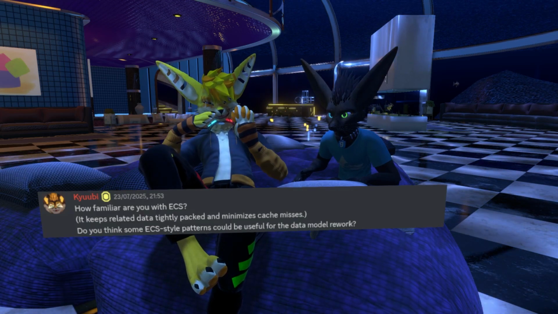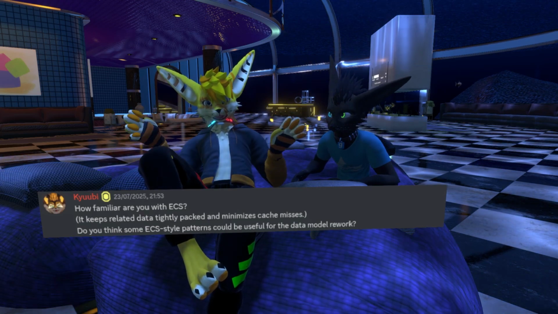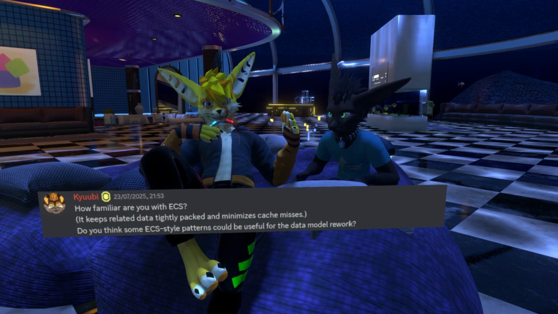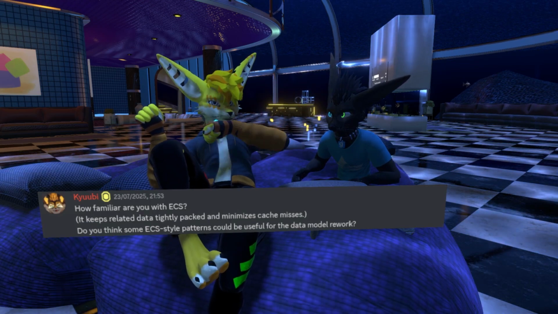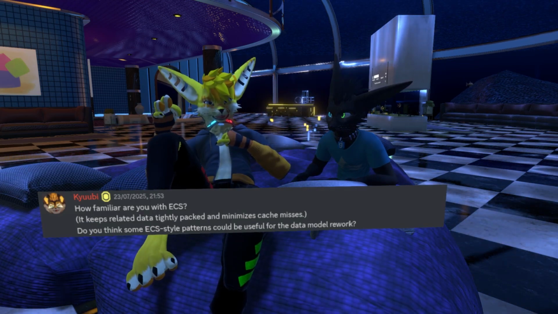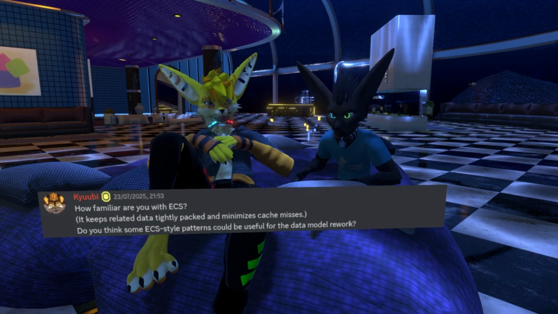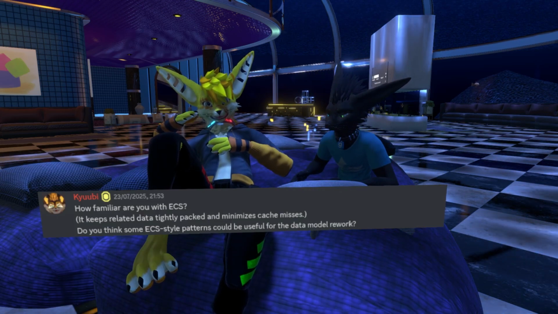ECS is great if you have lots of things that are all behaving the same, because you can fill out a big buffer with them, and you can just for loop over all of that, have it accelerate, have it vectorize, be super fast.